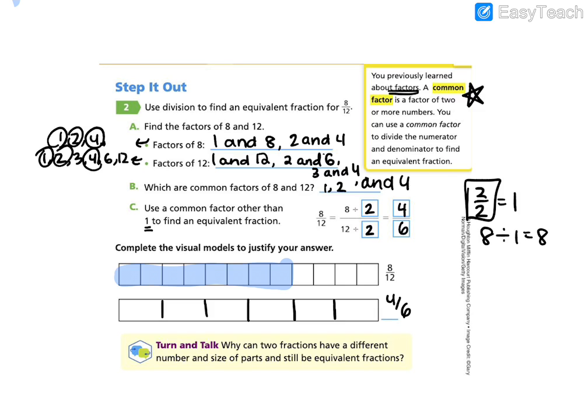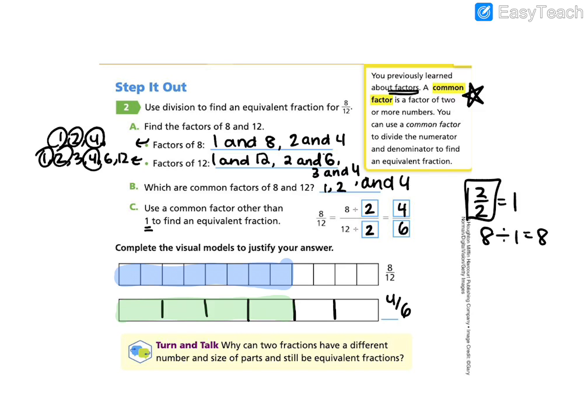And 4/6. All right, so we can see our visual models are proving to us that 8/12 is equivalent to 4/6.